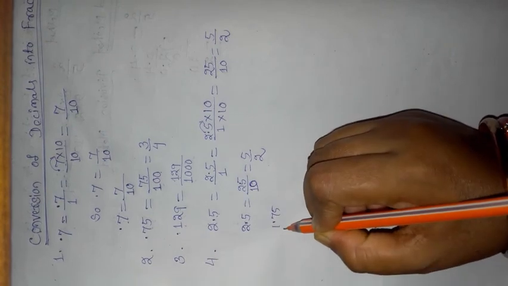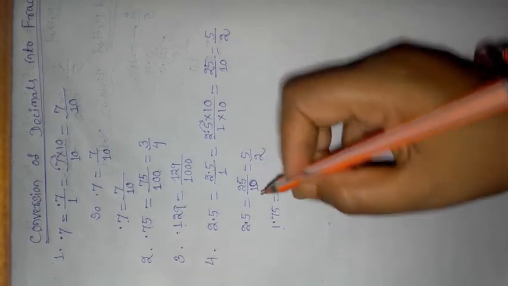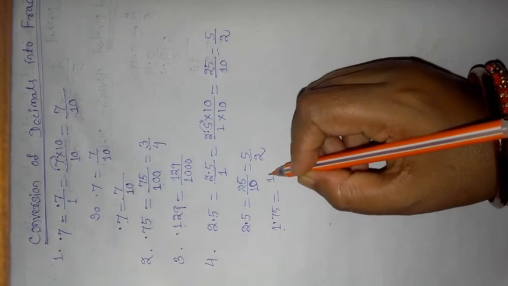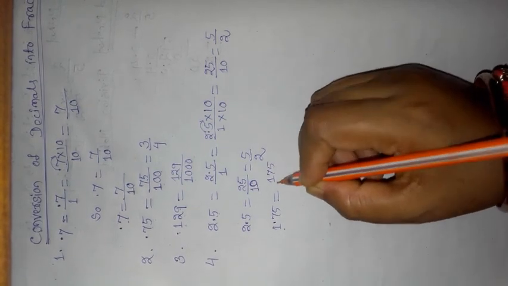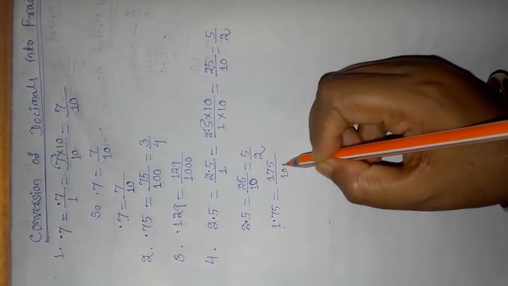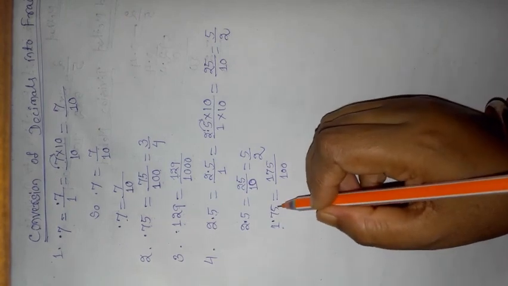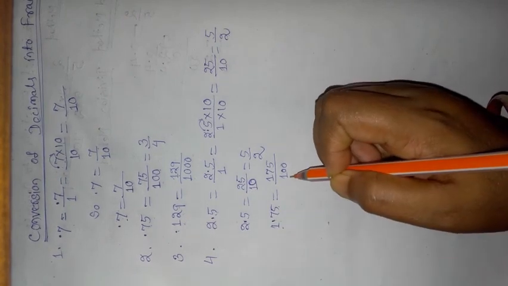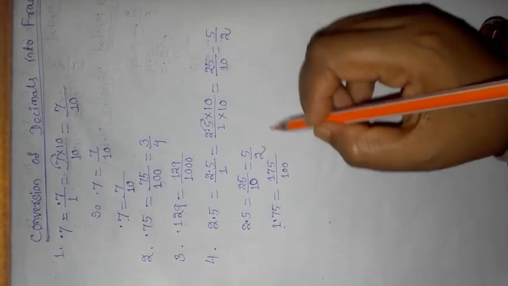1.75. So we can write it as 175 by 100, because there are two digits after the decimal point. That is why I have written here 100.